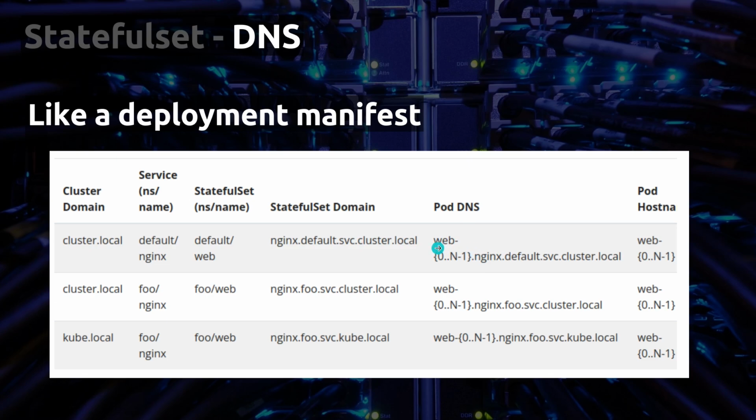You can see here web-0, web-1, and so on. So you need to set the pod, then the service name, then the namespace, then svc, then cluster.local, or the name of your cluster inside your settings.